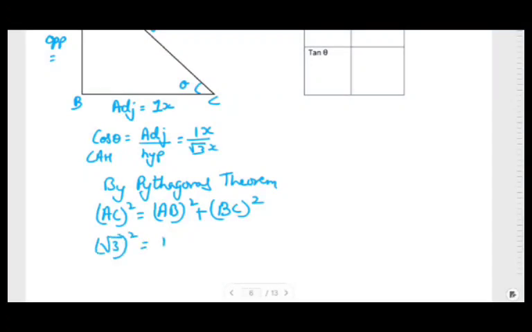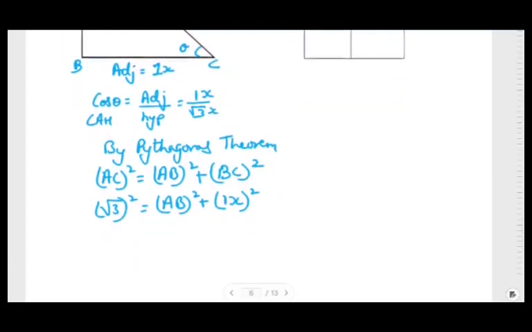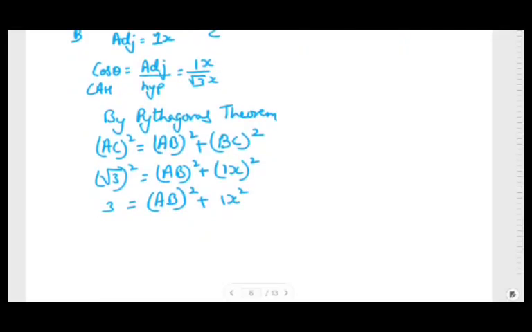AB value not given. BC is 1x the whole square. So root 3 square is nothing but 3. Right? The root sign goes away if there's a square applied on top. AB the whole square plus 1x square.